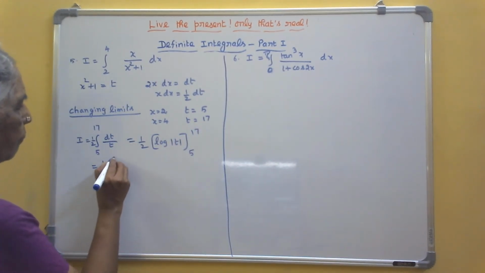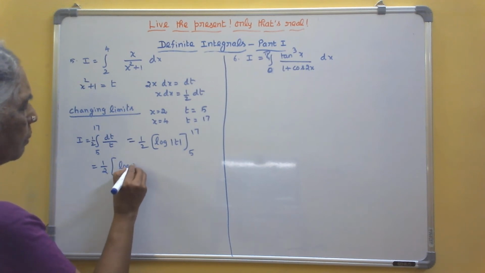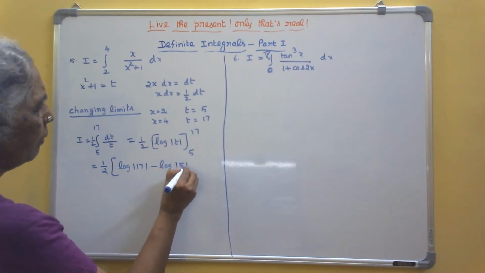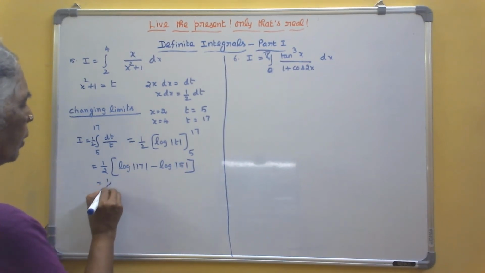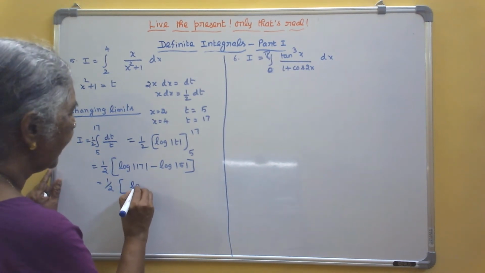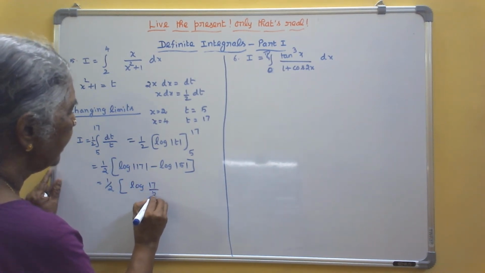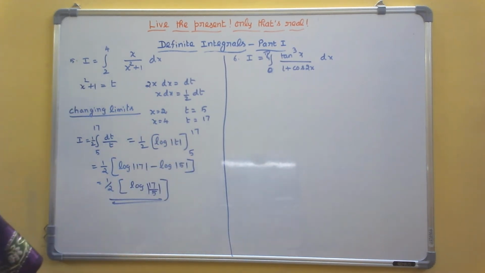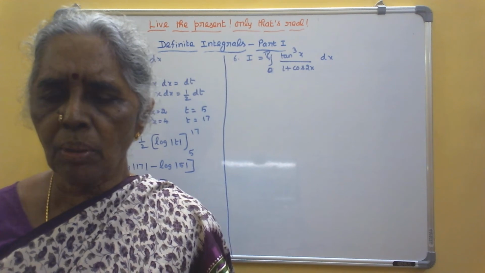So half, log mod 17 minus log mod 5. So it is like log a minus log b. I can write it as log a by b. So I will be getting log 17 by 5. That's all. Okay. So have you understood what difference now?